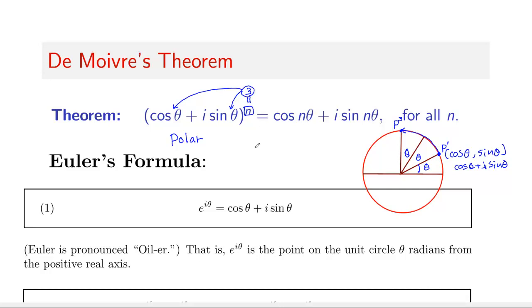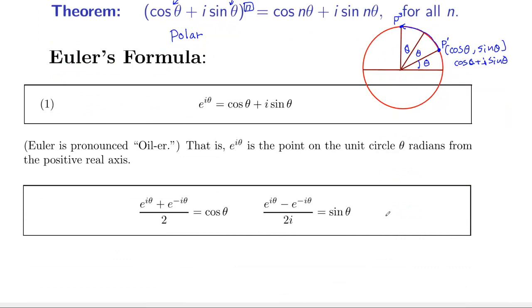Now, what is Euler's formula? Euler defined this operator this way: cosine theta plus i sine theta is e to the i theta, or some people use e to the j theta. This is a very good operator. Cosine theta is the real part, and sine theta is the imaginary part.